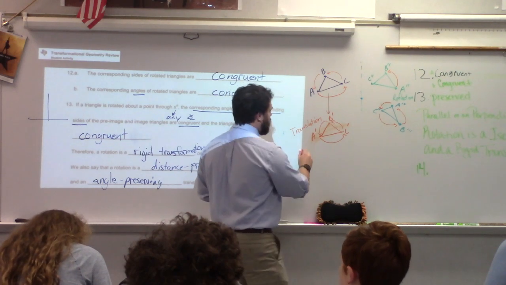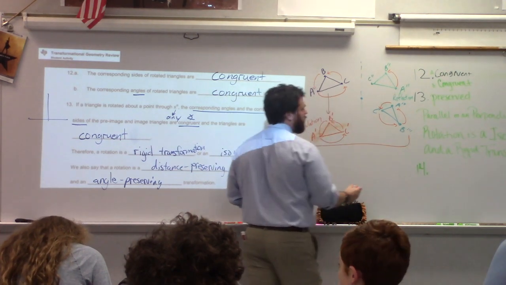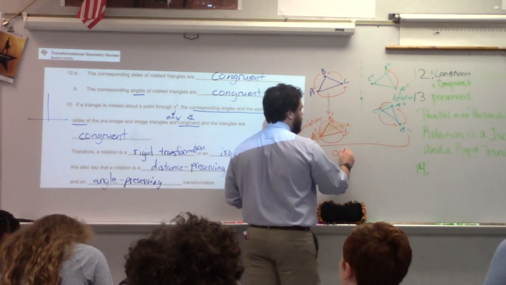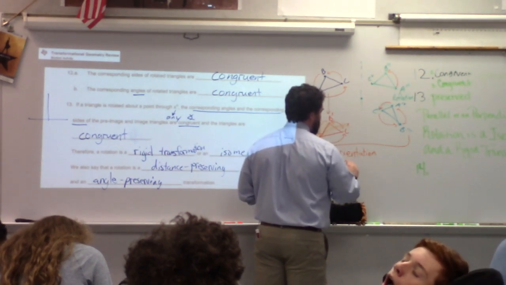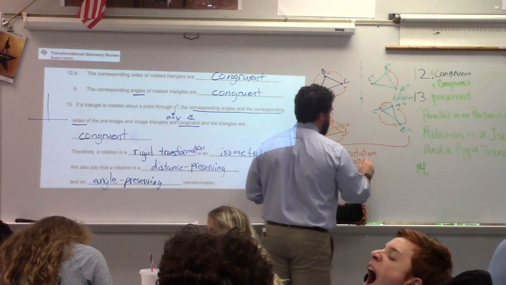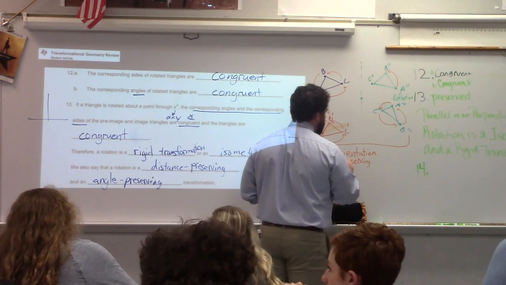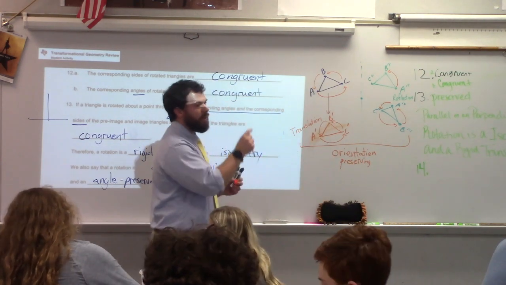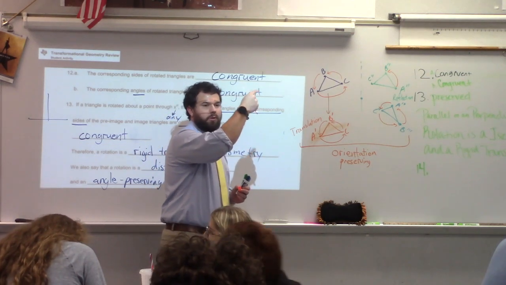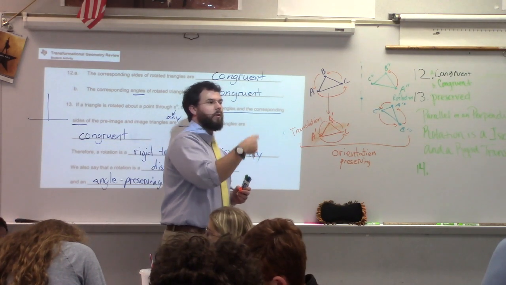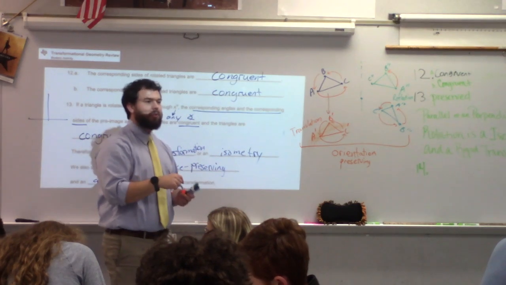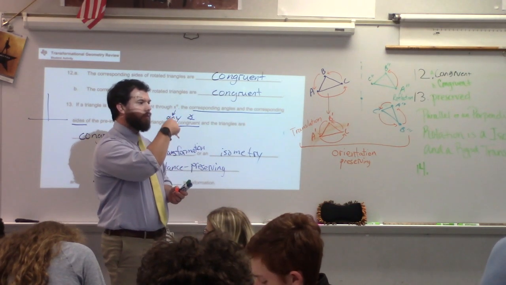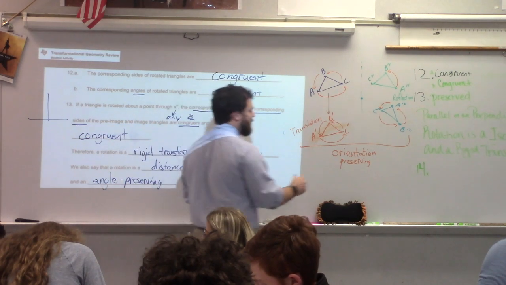So when we talk about translations and rotations, we would say that these are also orientation preserving. I mentioned this when we did the first exploration, but these are orientation preserving, meaning that when I go through it clockwise or counterclockwise, the order is the same. Orientation preserving means that the order of your vertices is the same.